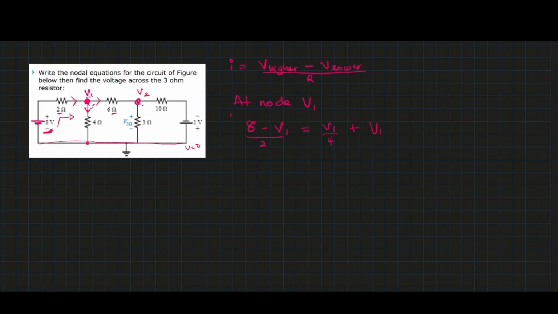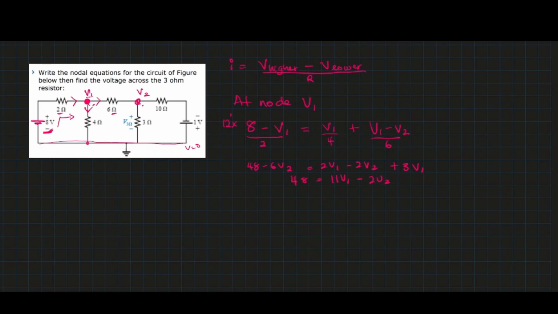That's all we have. We can simplify this equation by multiplying through with 12. We'll have 48 minus 6V2 equals 2V1 minus 2V2 plus 3V1. Simplify: 48 equals 11V1 minus 2V2.